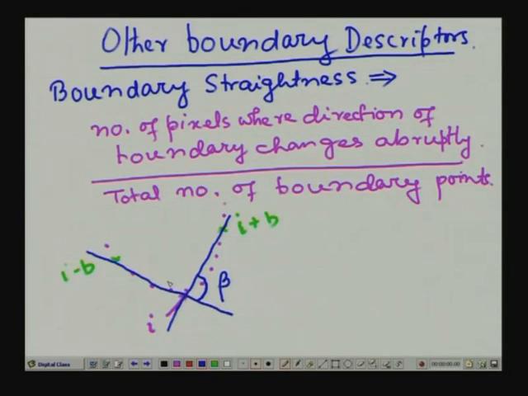So, depending upon the value of this angle beta between these two line segments, one passing between the I minus bth point and ith point, and the other between ith point and I plus bth point, I can estimate whether there is a sharp change of boundary direction at this ith pixel or not. So, this way I find out the number of pixels where the boundary changes abruptly, and the ratio of such number of points to the total number of points gives me a measure called boundary straightness.